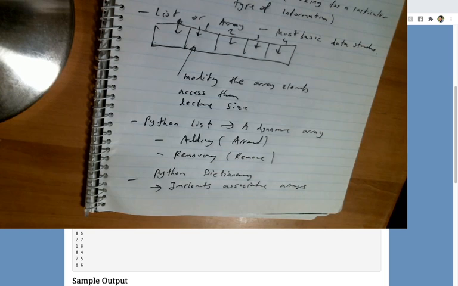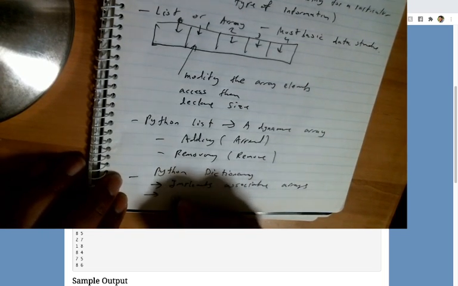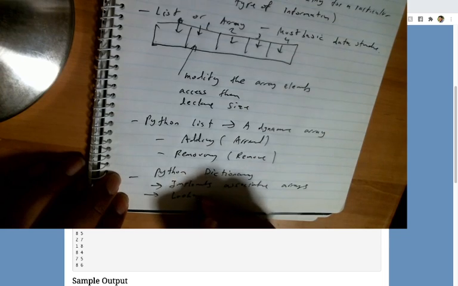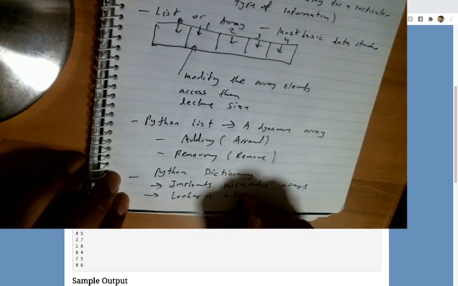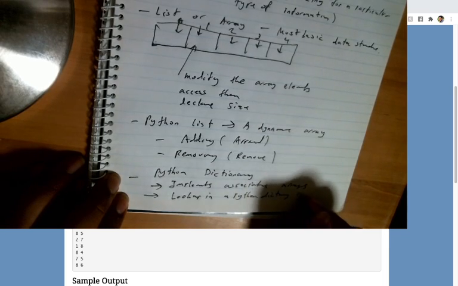They may be strings, they may be something else. Does that make sense? So Python dictionaries go one level further. They're more advanced. The keys can be anything, first of all. And what I'm going to show you is that lookup in a Python dictionary is optimized.